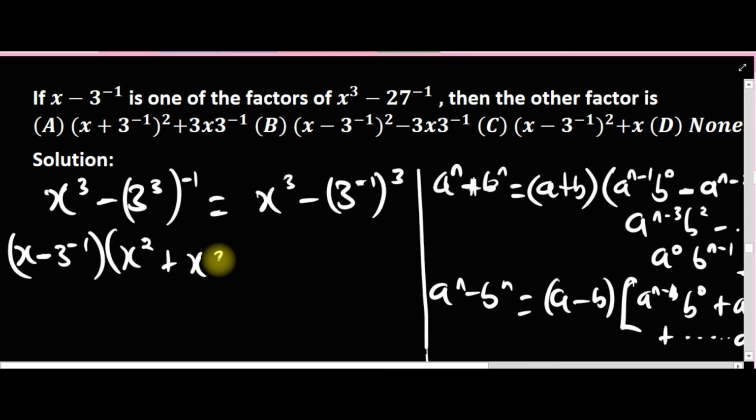Y, this is 3 minus 1 raised to the power 1, so no need of writing raised to the power 1. Plus s will decrease to 0, so no need of writing 0. Why this will increase to 2.